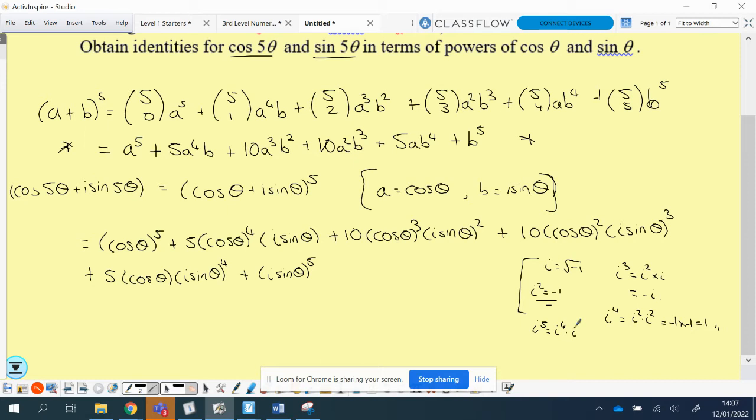If i to the power 4 is 1, that's just 1 times i, which is i. So you're going to see I'm not actually going to get anything bigger than an i here, because a lot of it will either cancel into -1 or +1. Are we okay with that? Right, okay, so let's start by simplifying this expression now.